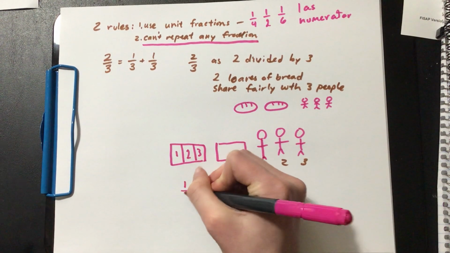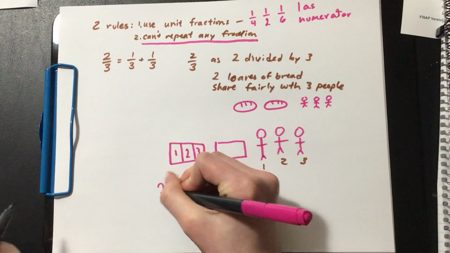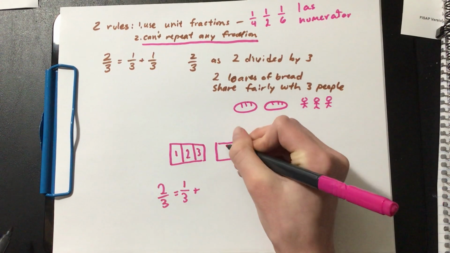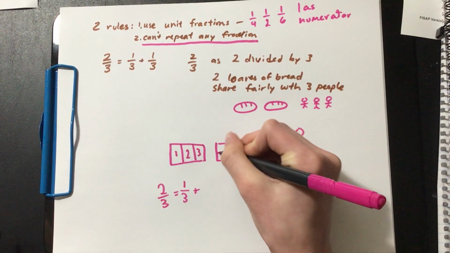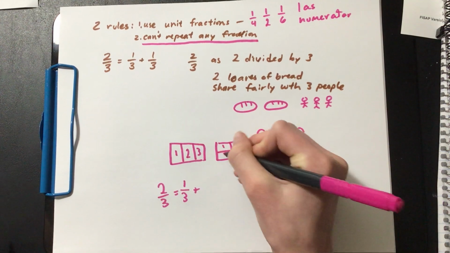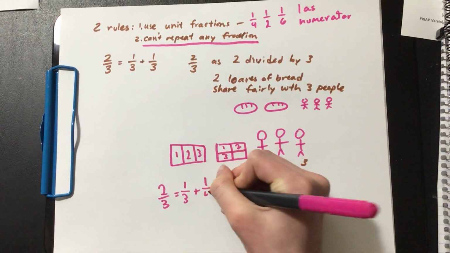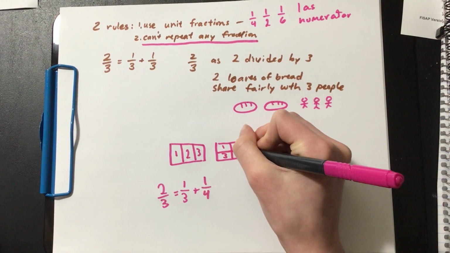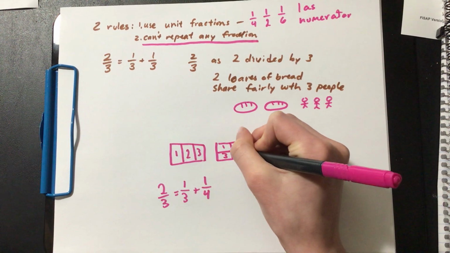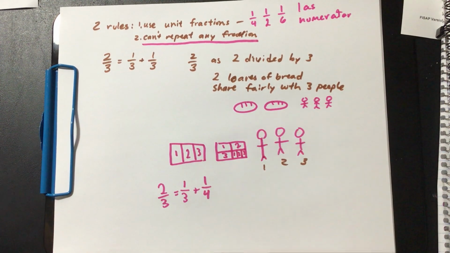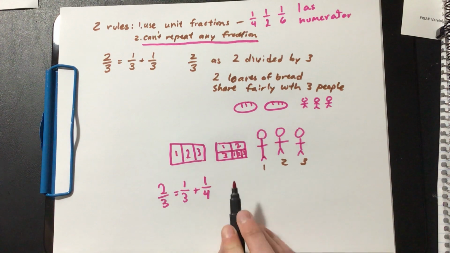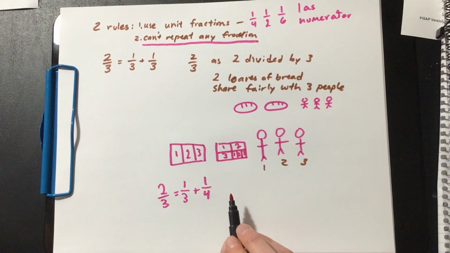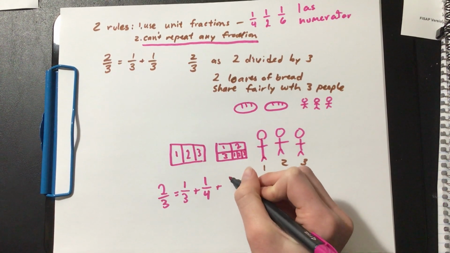Okay. So there's enough for everybody to get a 4th. Yes. Now we split this 4th into 3 pieces. Okay. And everybody gets 1/3 of a 4th, which is 1/12.